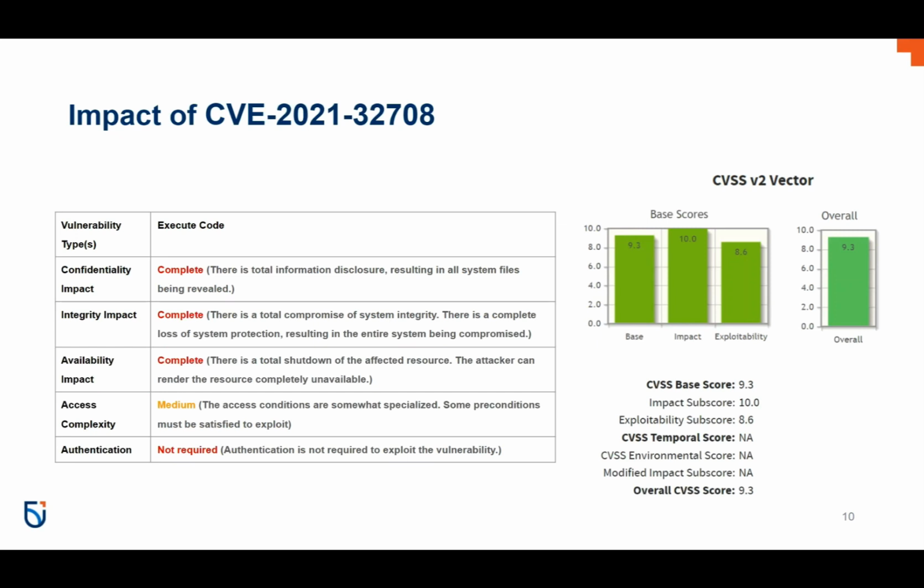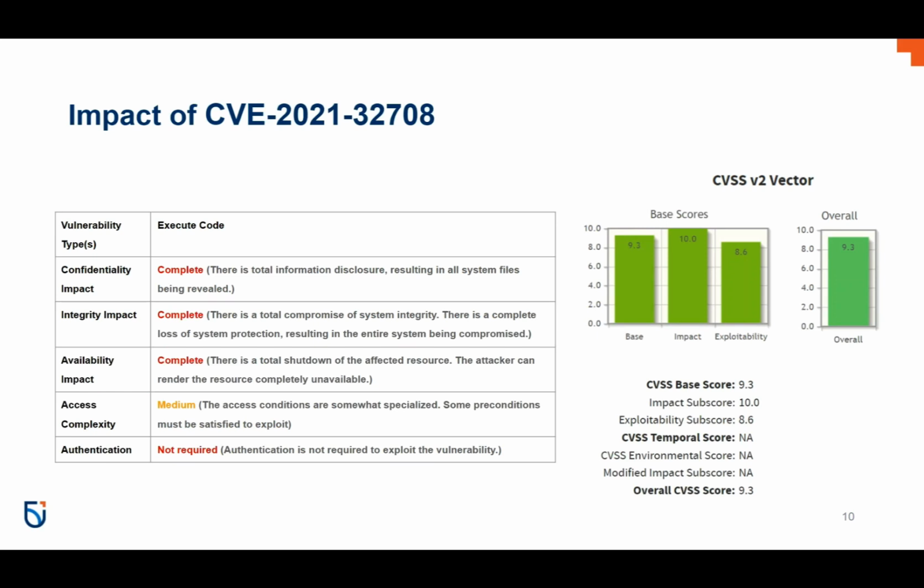Overall, it scores a rating of 9.3, and this is reflected by how it can compromise confidentiality, integrity, and availability with little effort. In addition to that, it requires no authentication and only medium access complexity, that is, with some pre-existing conditions to be met.